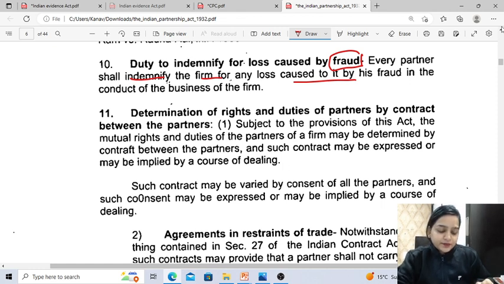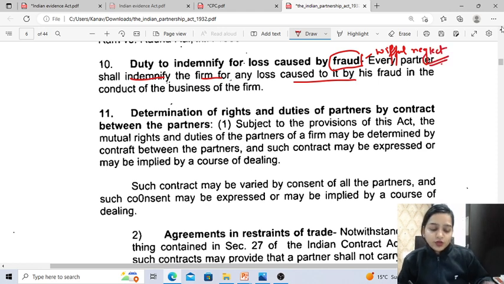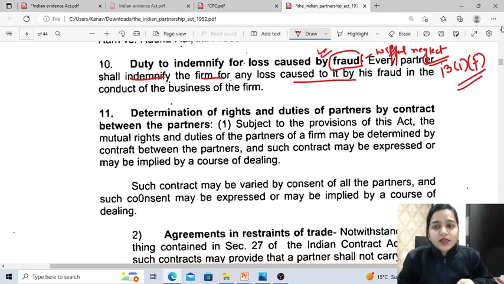Similarly, if the partner has committed any willful neglect and firm को कोई लॉस हो जाता है, देन उसके लिए भी पार्टनर जो है इंडेमनीफाई करेगा फर्म को अकॉर्डिंग टू सेक्शन 13(1)(f). तो फ्रॉड इज गिवन इन सेक्शन 10, विलफुल निग्लेक्ट इज गिवन इन सेक्शन 13(1)(f).